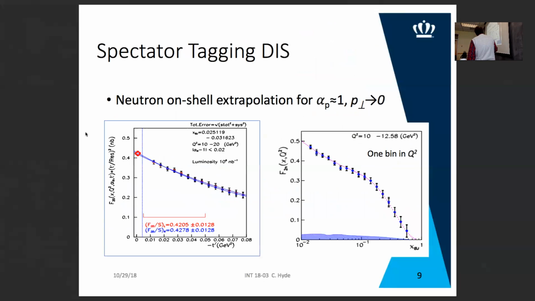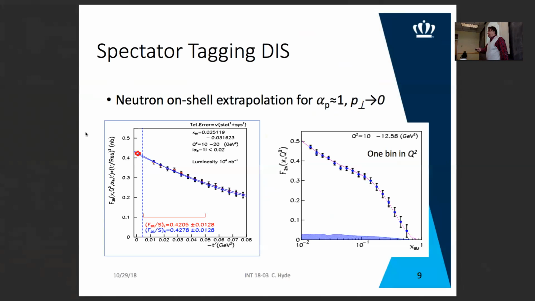The on-shell point is at 0, and a fundamental theorem proves that if you can extrapolate perfectly to the on-shell point, you get exactly the free neutron structure function. Of course, that extrapolation does not have to follow this simple curve that we've drawn, because final state interactions can cause effects all the way down to the physical threshold, which is this dashed line, defined by the binding energy of the deuteron.